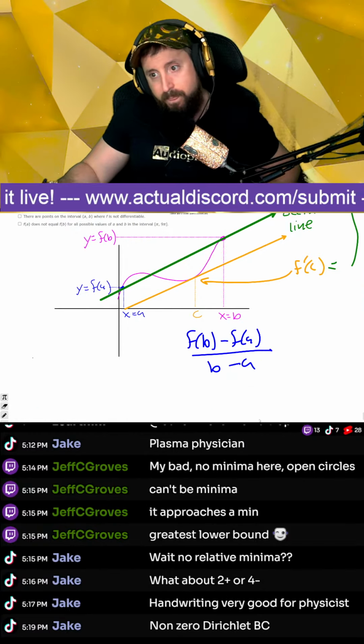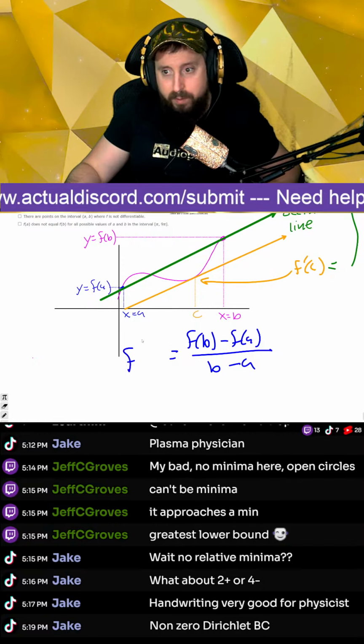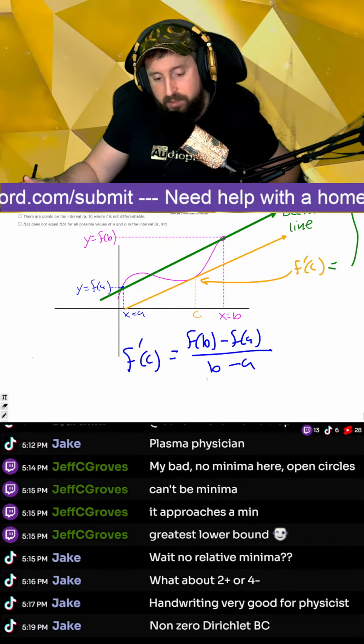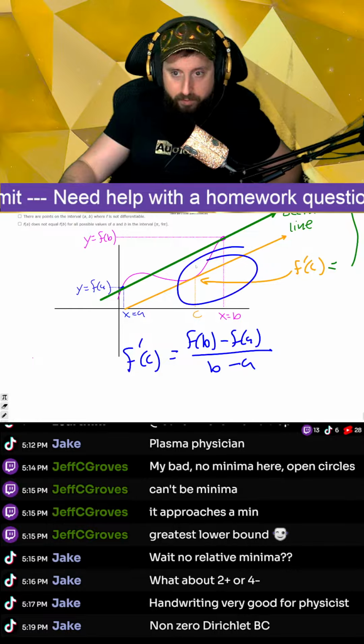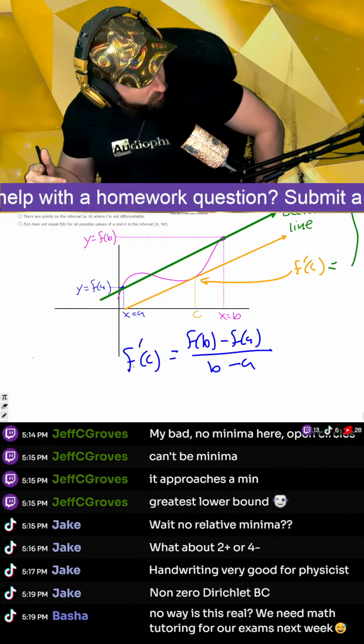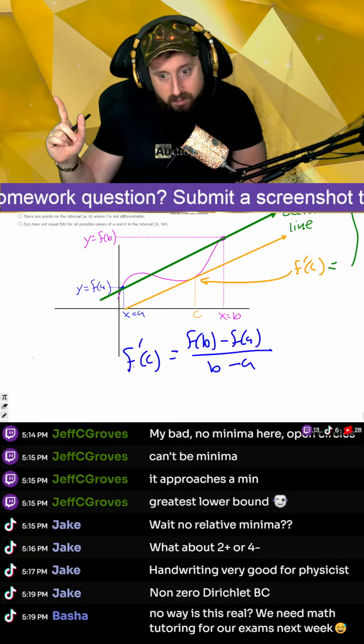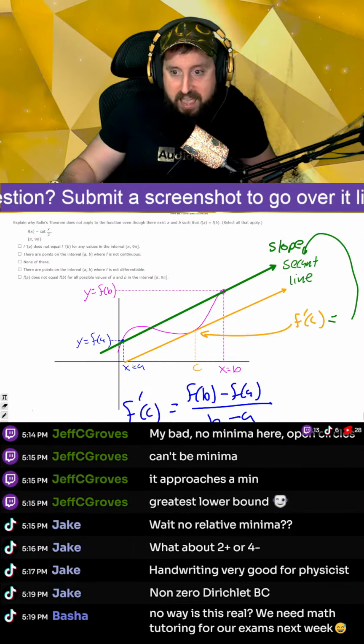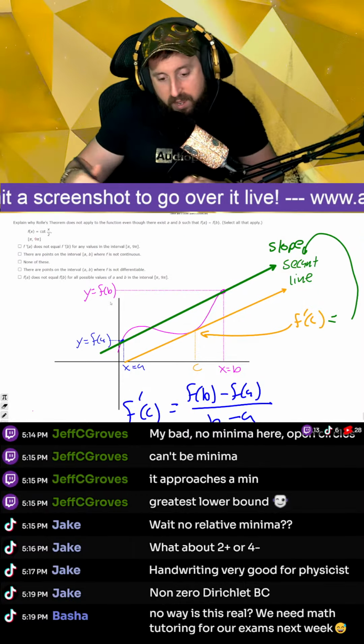Is this the limit? Not a limit. This is just what the MVT says: the slope of the function, f prime, at some x coordinate c has to equal the average slope between point a and point b.